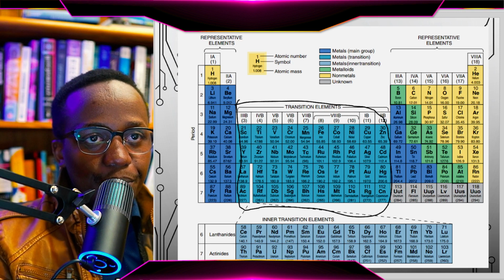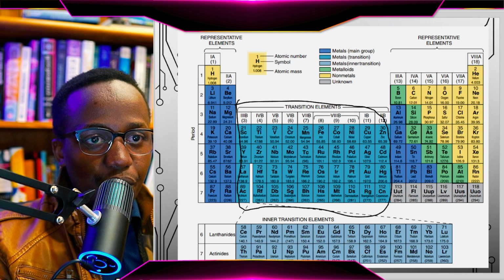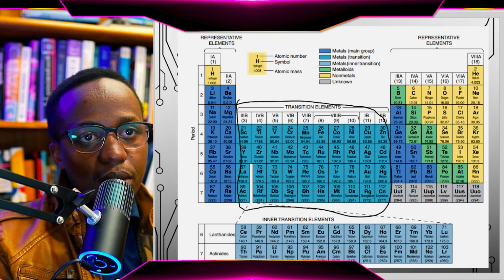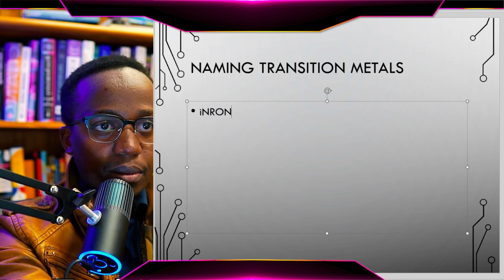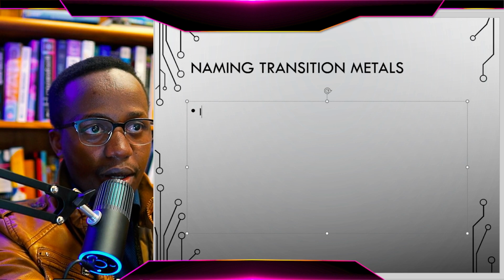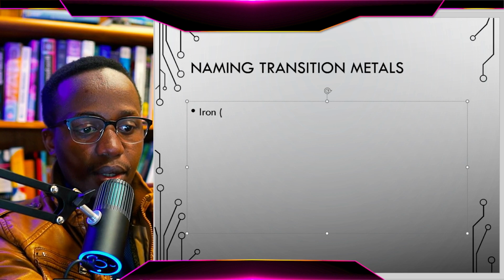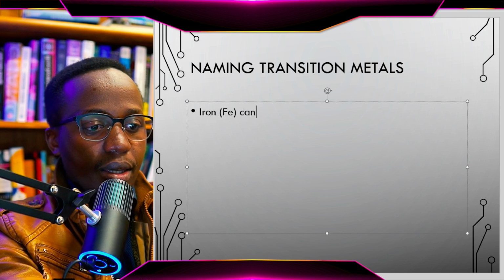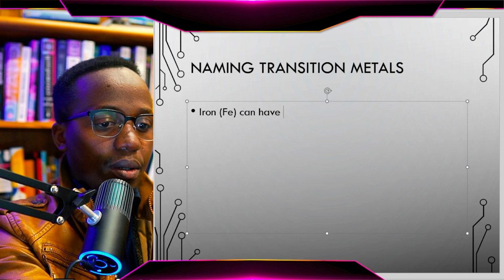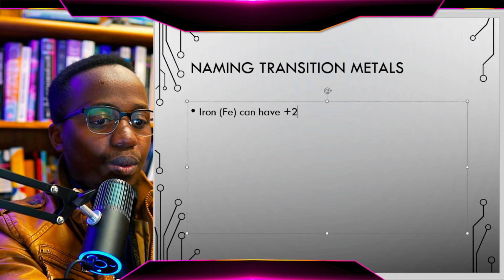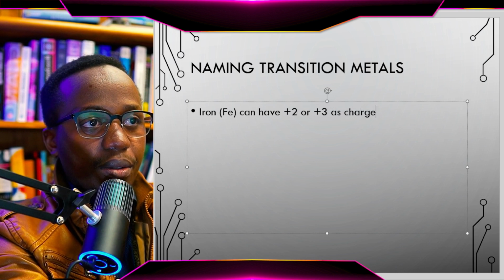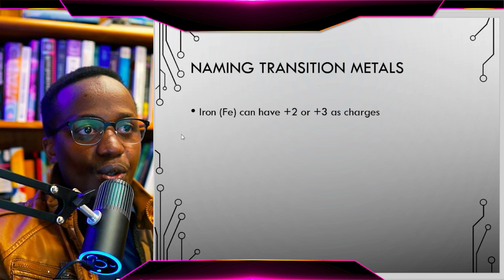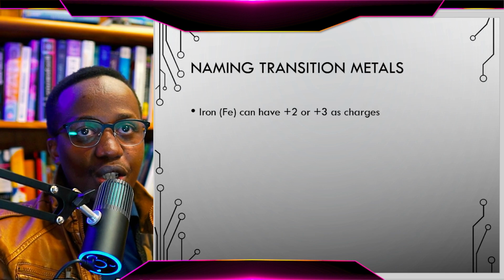All right. So iron, for example, Fe, can have +2 or +3 as charges, right? So iron can have +2 or +3 as charges.